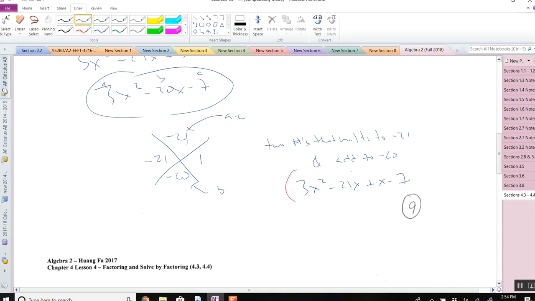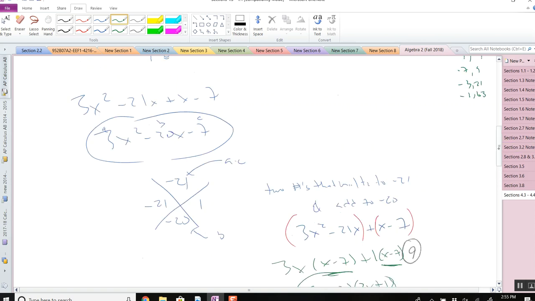You do factor by grouping. I pull out a 3x. And I can't pull anything off from this one, so I'll just put a 1 right there. So guess what? x minus 7 being multiplied by 3x plus 1. So it gets me back to what I had originally.